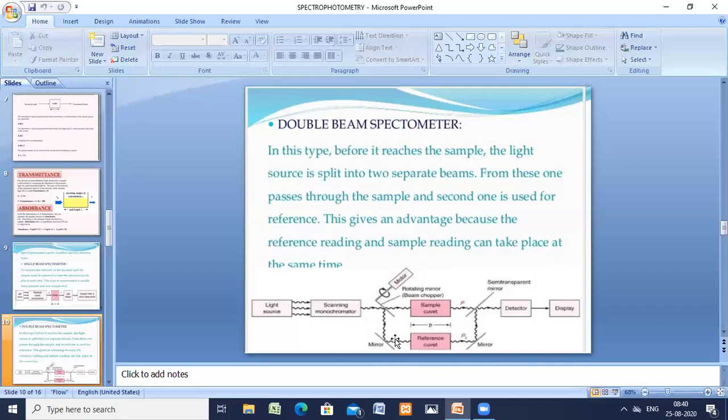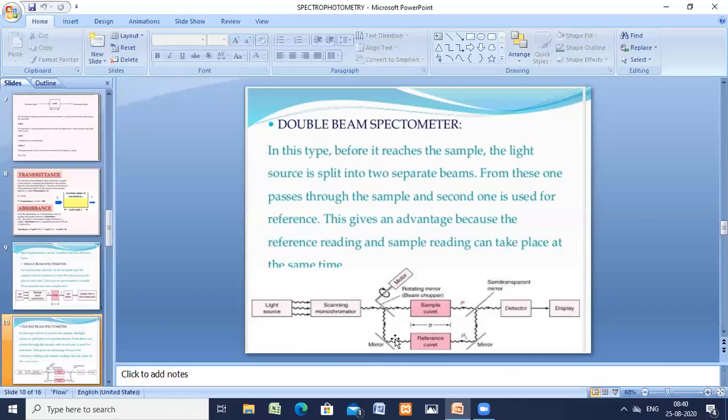However, the radiant power in the reference beam varies with the source of energy. If the output of the reference beam is kept constant, then the transmittance of the sample solution can be recorded directly as the output of the sample.